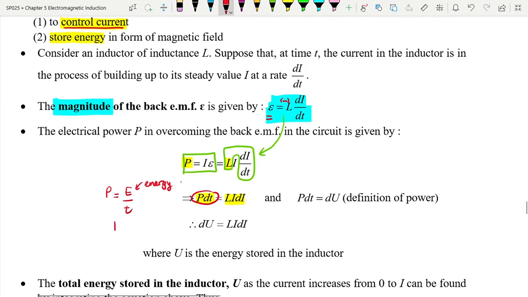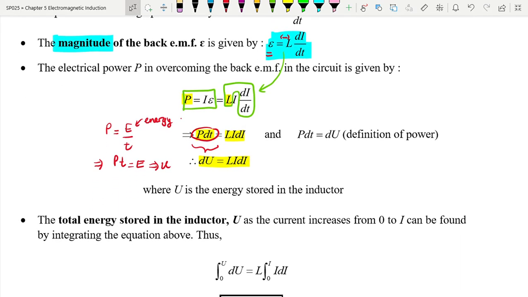Jadi, kalau P times T, end up kita akan dapat energy. So kita gunakan simbol U to represent the energy stored in the inductor. So dekat sini adalah dU sebab dia dt asalnya. So end up kita ada equation dU equals L i di. Okay, so itu derivation semata-mata, di mana kita nak highlightkan U ni adalah energy stored in the inductor.